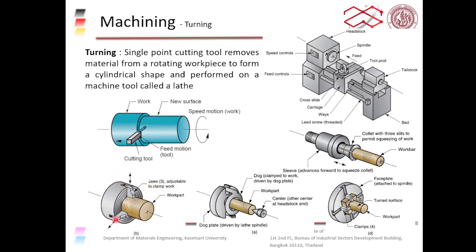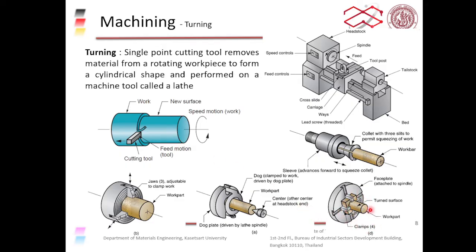Compared to this adjustable clamp, when we put our workpiece in here, the jaws move at the same time and clamp our workpiece in the center. When we are cutting it, it will cut the surface evenly throughout, giving you a circular cross section.